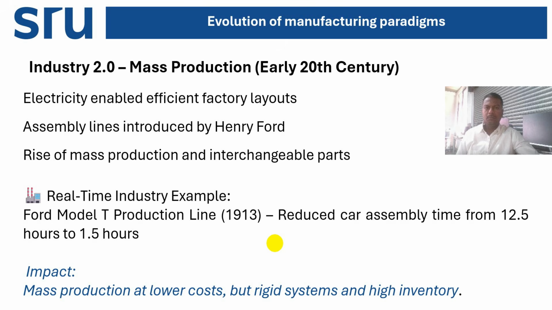Now it is reduced to 1.5 to 1 hour for the assembly of any car. This impacted mass production at lower cost, but a rigid system will get high inventory.